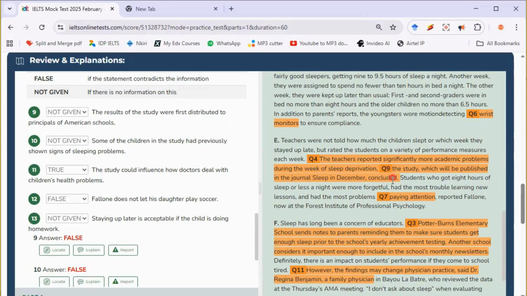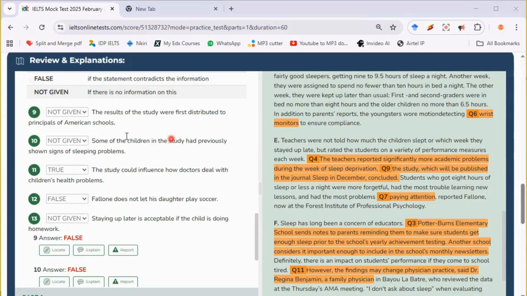Can you see? They did not distribute the results to the parents first. They published it straight. This is where they picked the answer from, that it is false. They published it straight. Okay? That's self-correction I'm doing. It's very easy to do self-correction on this particular website, because it will tell you where they picked the answer from.